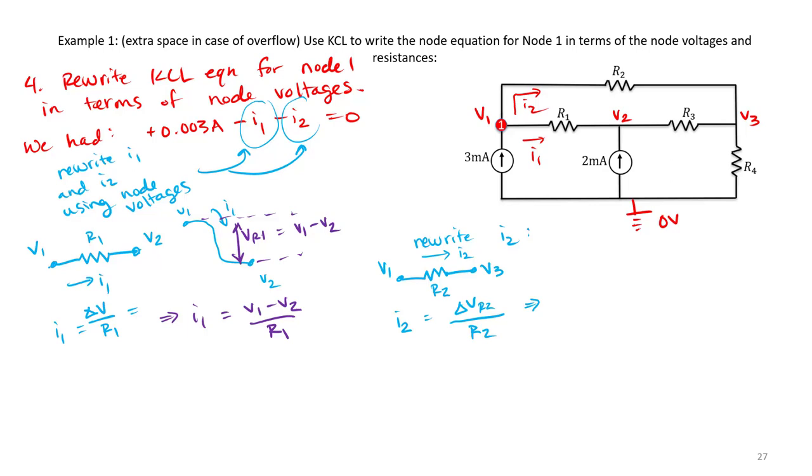The number of volts we lose going across R2, well, that's just going to be V1 minus V3, because remember, we started assuming V1 is the higher voltage and that I2 is flowing from higher V1 to lower V3. Therefore, we determine I2 is equal to V1 minus V3 divided by R2.